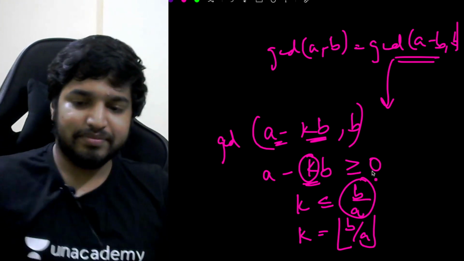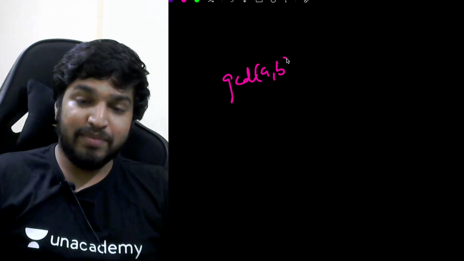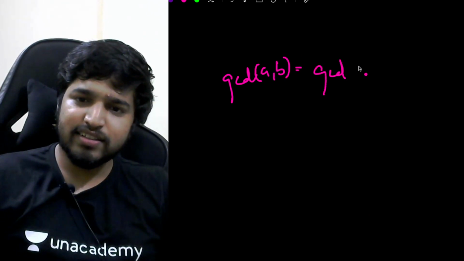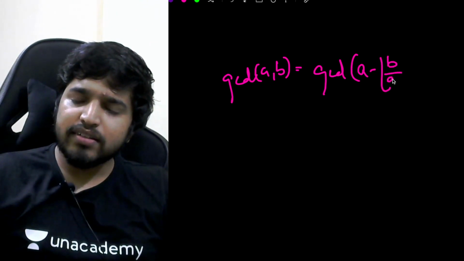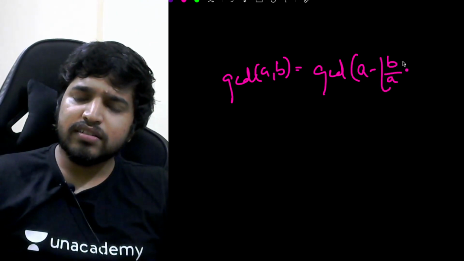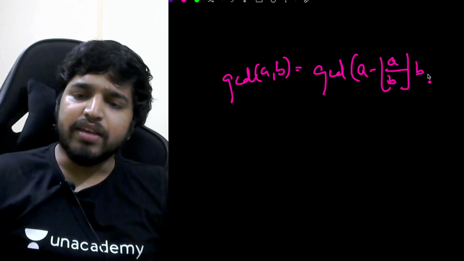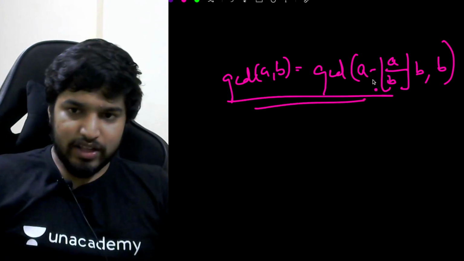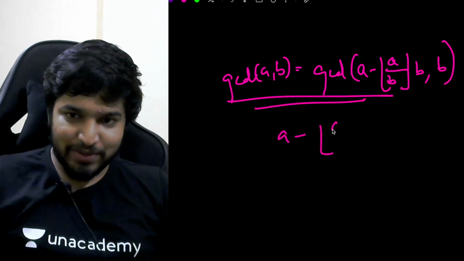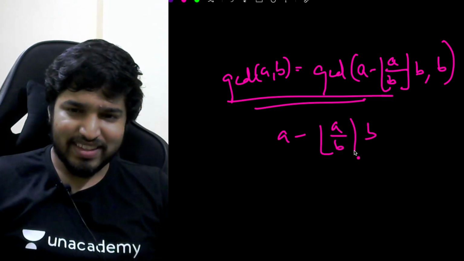Got it? So, which means GCD of A comma B is equal to GCD of A minus floor of A by B into B comma B. Alright, simple, fair. Now what is A minus floor of A by B into B?